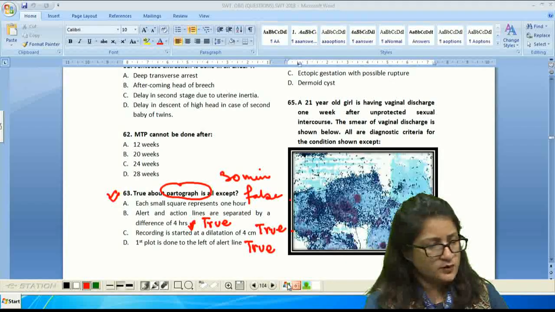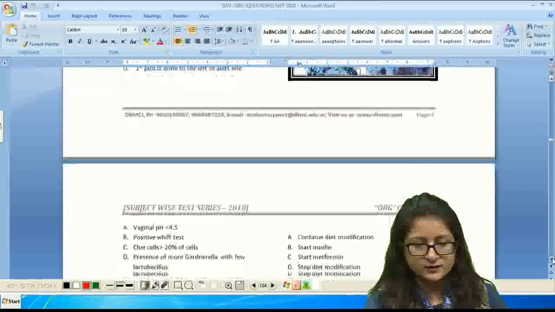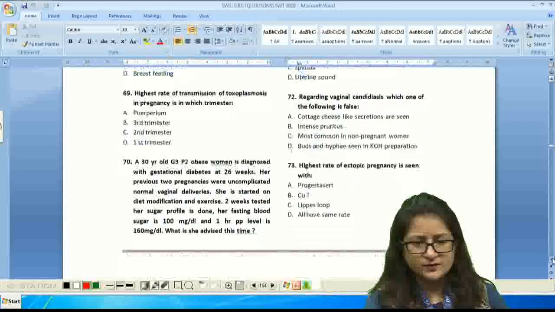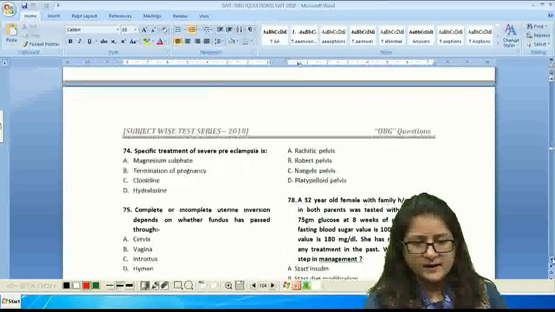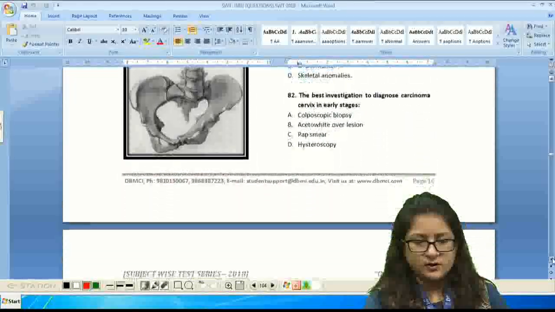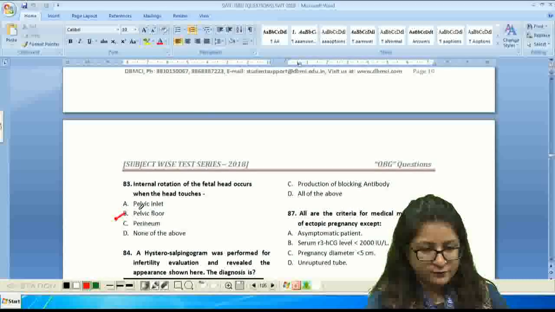Next question, let us move on to question number 83 about labor. I told you I'll discuss question number 83. Here, internal rotation of the fetal head occurs when the head touches the pelvic floor.